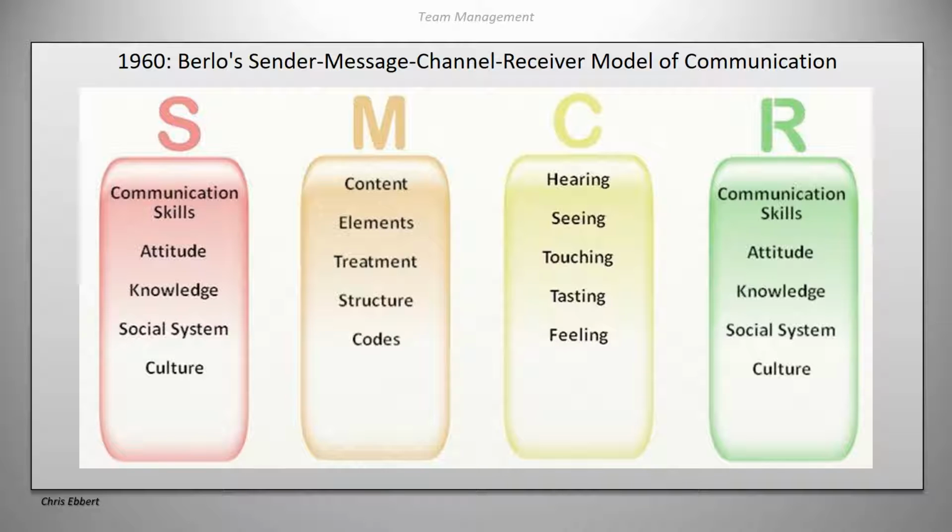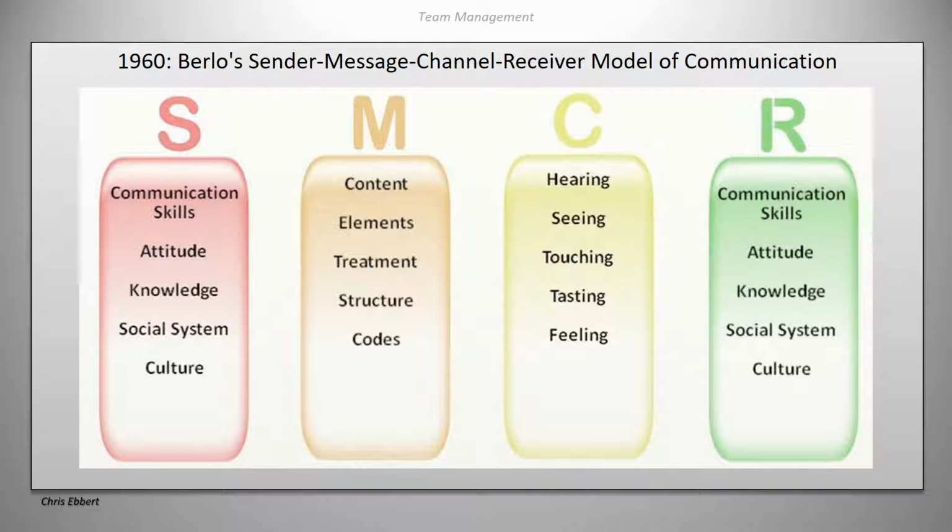The channel through which the communication goes is either hearing or seeing or touching or tasting or feeling. It's just these five, it's the five senses. Makes perfect sense. And then finally, the receiver. The receiver is a mirror image of the sender, if you look at that.